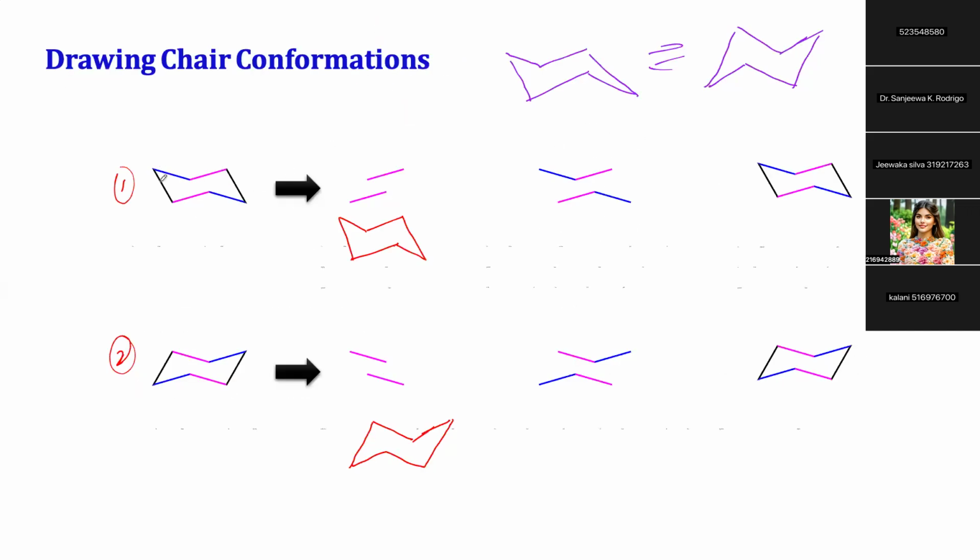Right, so then you should practice to draw the axial and equatorial positions. You don't need to draw the hydrogens, but these are axial positions, then axial, equatorial, axial, equatorial, equatorial. So you should be able to draw this.